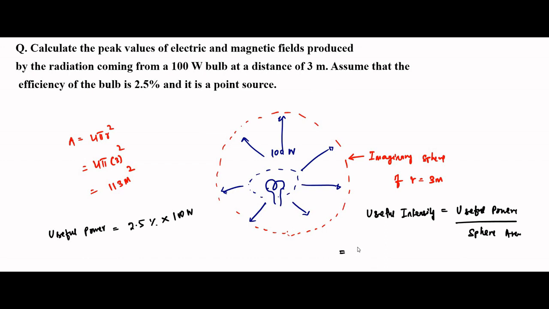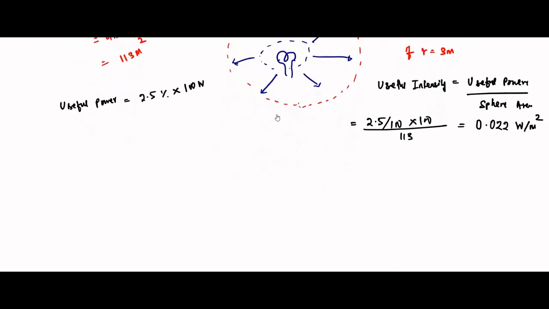So that will be equal to 2.5 by 100 into 100, by 113. So it is coming around 0.022 watt per meter square. So this is the useful intensity.